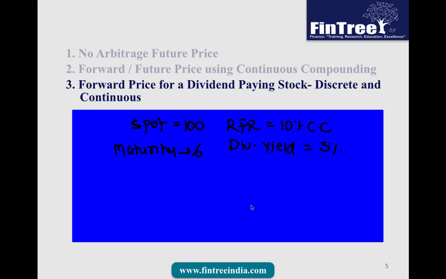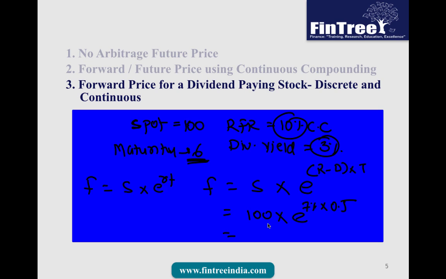So in case you see a scenario like this on the examination, the answer is fairly straightforward. If you remember the earlier formula, we said forward is equal to spot into e raised to RT. The only change that we are now going to make is we are going to say forward is equal to spot into e raised to, in brackets, R minus dividend yield D, into T. That amounts to 100 into e raised to 10% minus 3%, which gives 7%, and since the maturity is 6 months, that is 0.5.